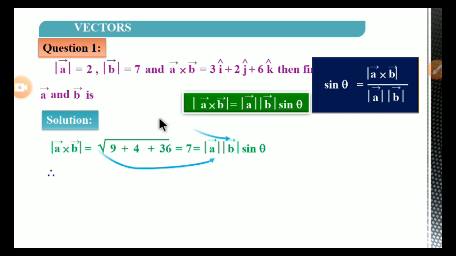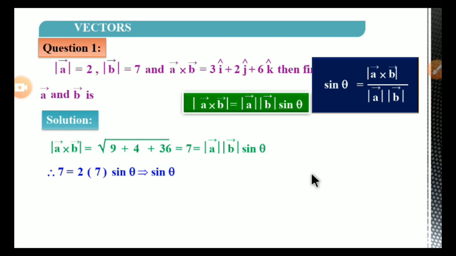And now here we can replace the values of magnitude of A and magnitude of B here. So 7 is equal to, that is here the value 2 and it is 7. So it becomes here 2 into 7 into sine theta.